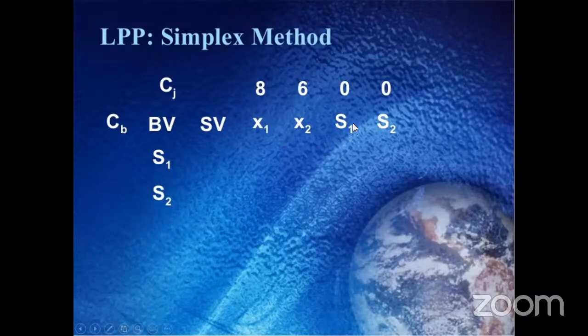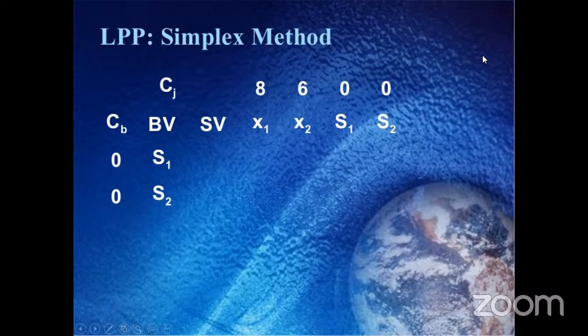That is the slack variables we have added, or a surplus variable if we have taken one. And their coefficients, obviously, are 0, 0. So in the place of CB we write 0, 0. In the first, initial table, the basic variables are compulsorily S1, S2 and their coefficients are 0, 0, which is from the objective function only.